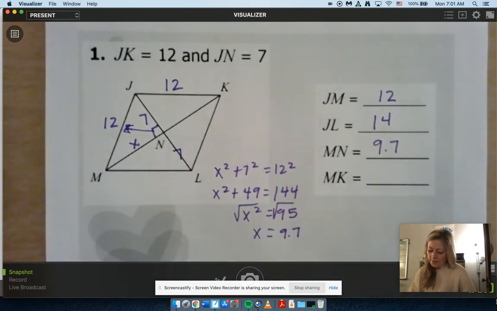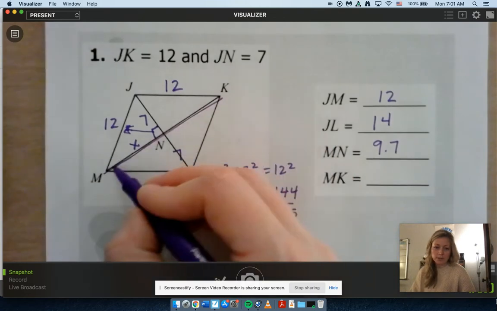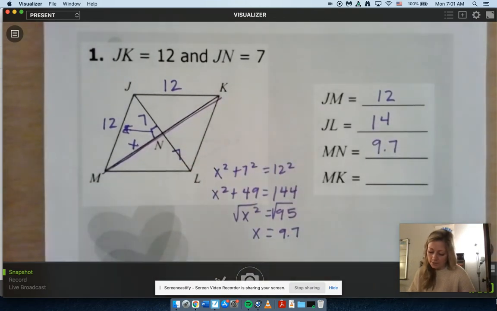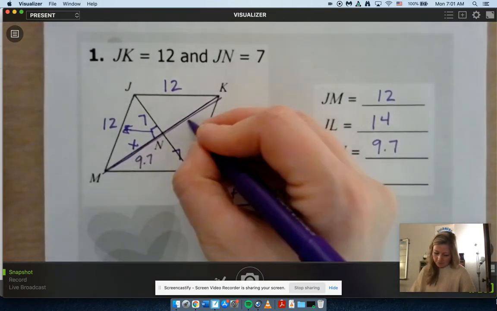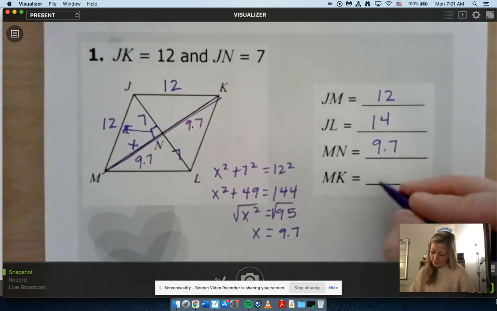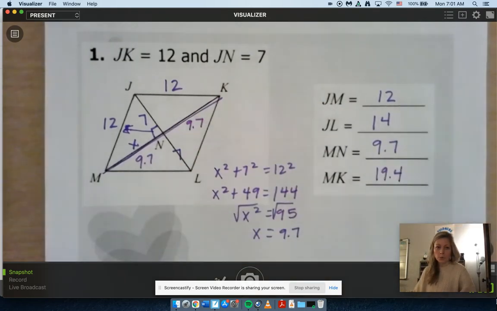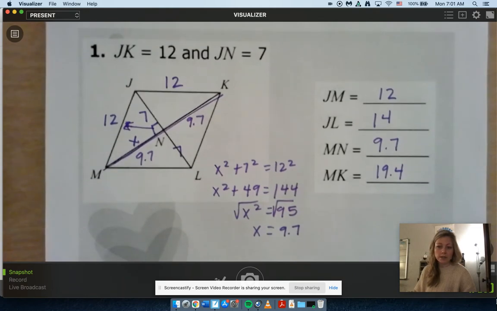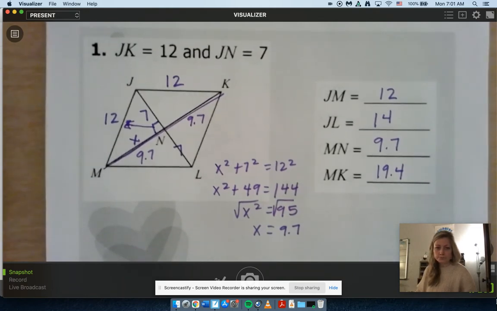And then if we want to find that whole diagonal, we simply just double 9.7. 9.7 plus 9.7 should give us 19.4. Woo! So really, kids, the hardest thing you're going to come across with finding a side length is that Pythagorean theorem. But I think we're all pretty rock solid on that by now.